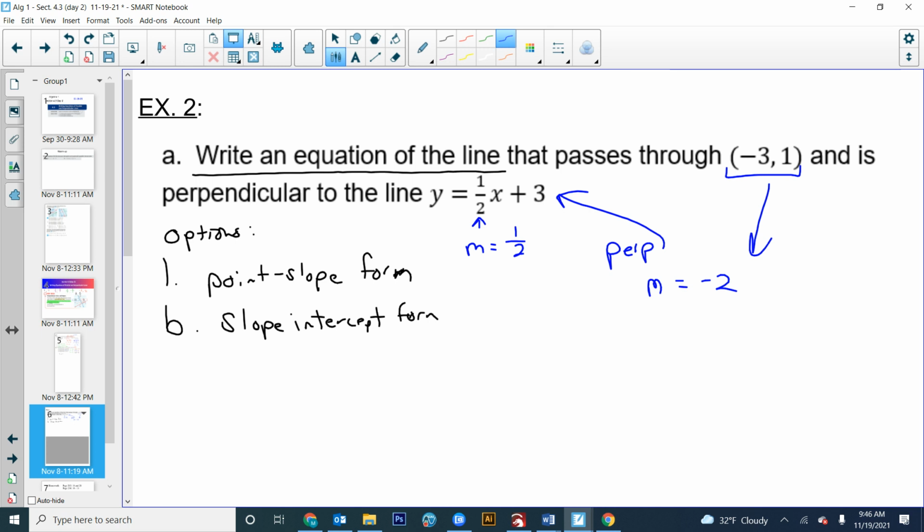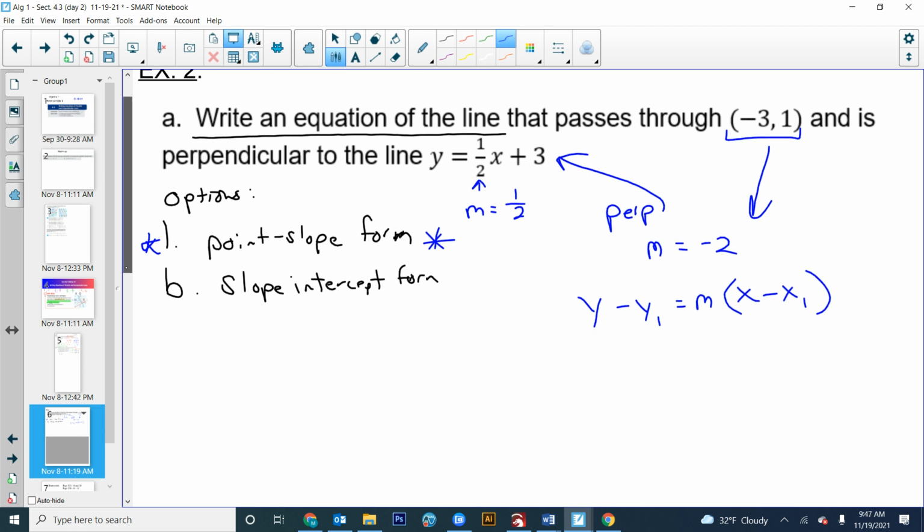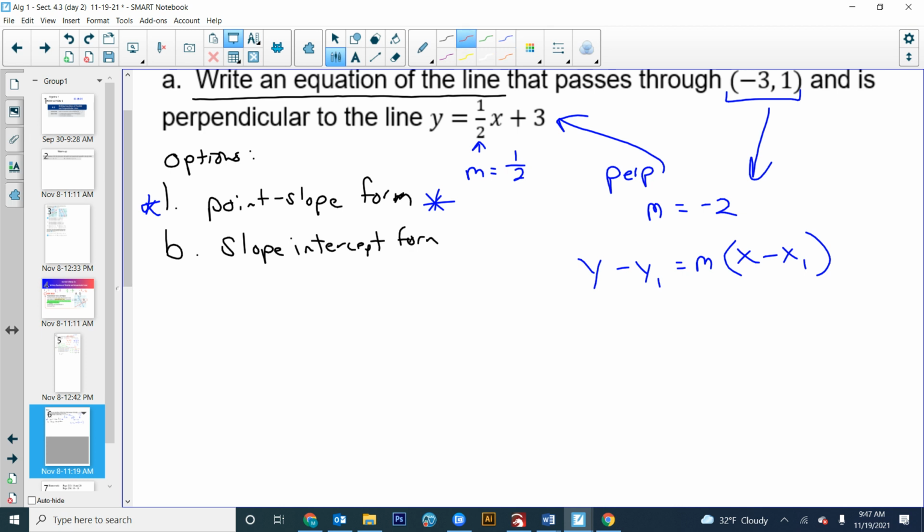So I'm going to use point slope form for this one. Point slope form: y minus y1 equals m times x minus x1. It's a little formula for us. We have y minus something equals something times x minus something.